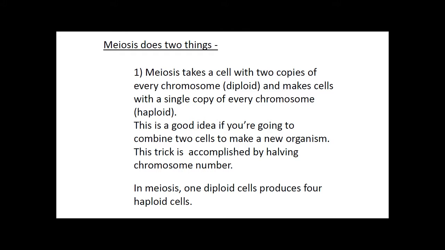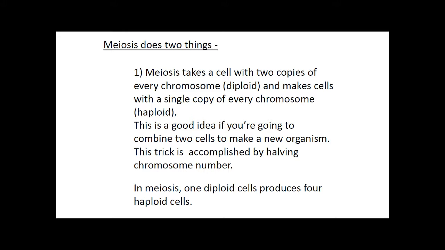Meiosis is when a full adult cell with two copies of a gene divides and becomes two different cells that each have one copy of their gene, which is what we call haploid. Diploid, the di means two, right? So a diploid cell has two copies of its genes. A haploid cell has one copy.